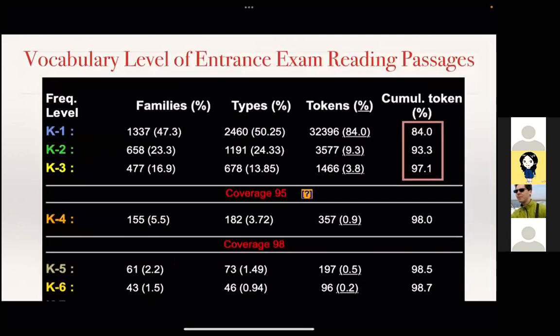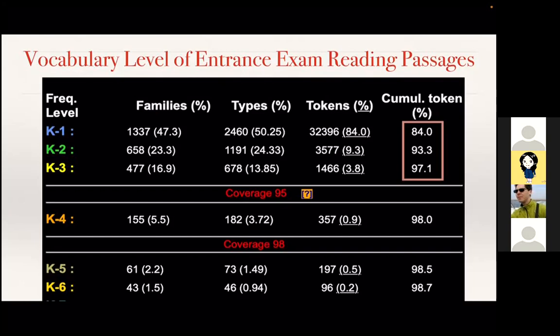The same analysis is done for the entrance examination reading passages. In the result for my entrance examination reading passage corpus, the first 1,000 coverage is over 80%, and at the 3,000 word level it goes over 95%.